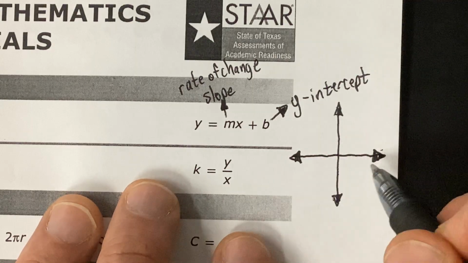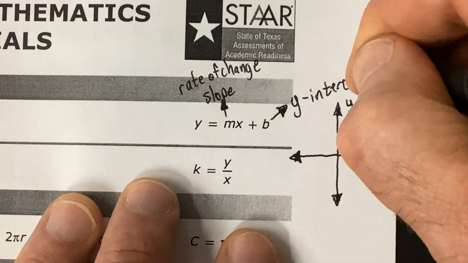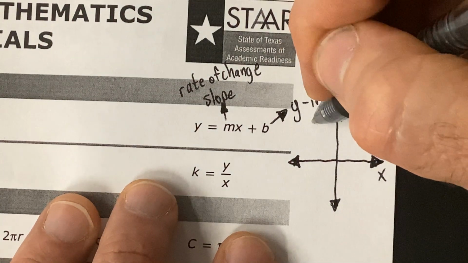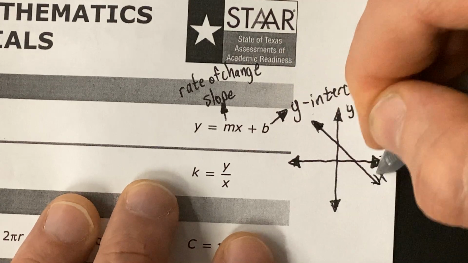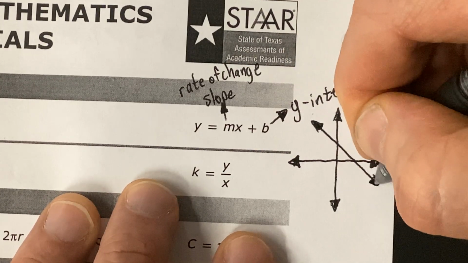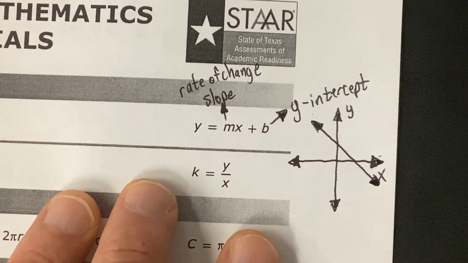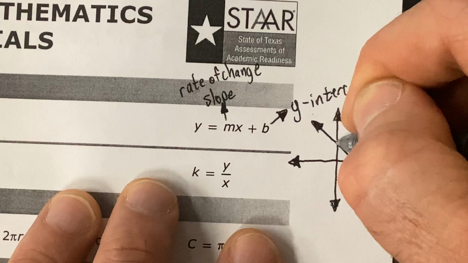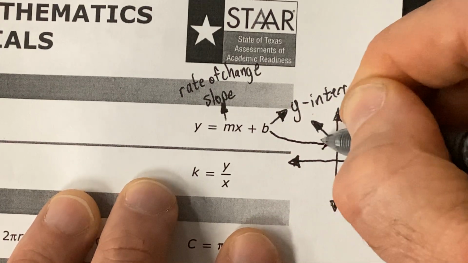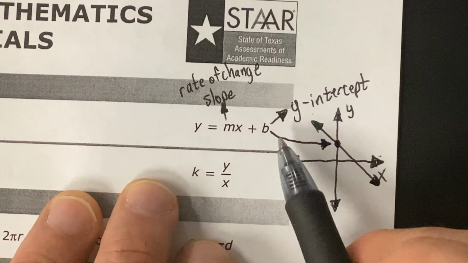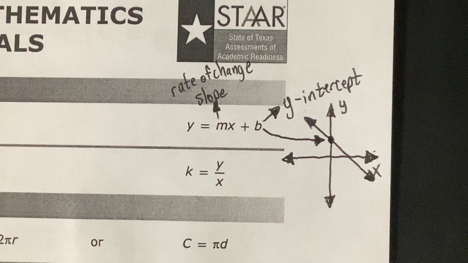Yep, and so what axis is this one? The X. And obviously this is the Y. Now I want you to draw a line like this. And the y-intercept is this point right here. The y-intercept is where that line crosses the y-axis.